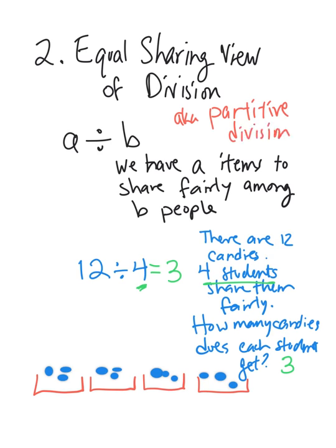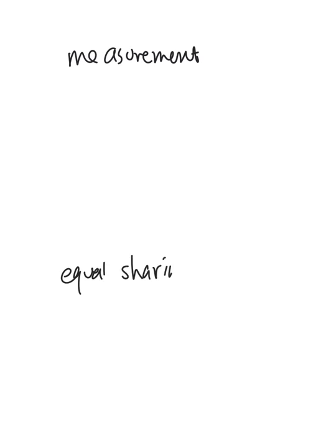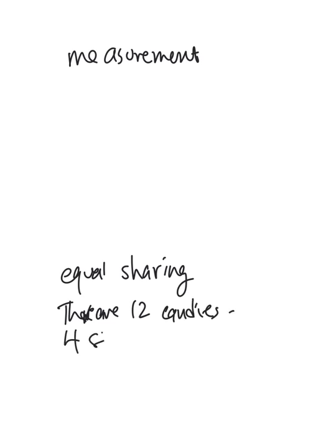And just as a quick overview of comparing and contrasting the 2 types, we have measurement and we have equal sharing. So if I say, let me write that problem again, there are 12 candies, 4 students share them fairly.